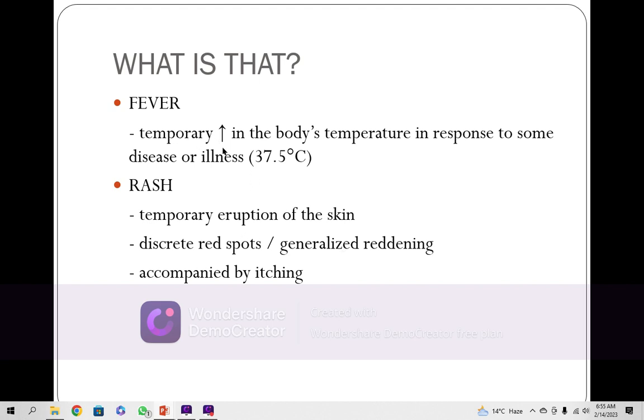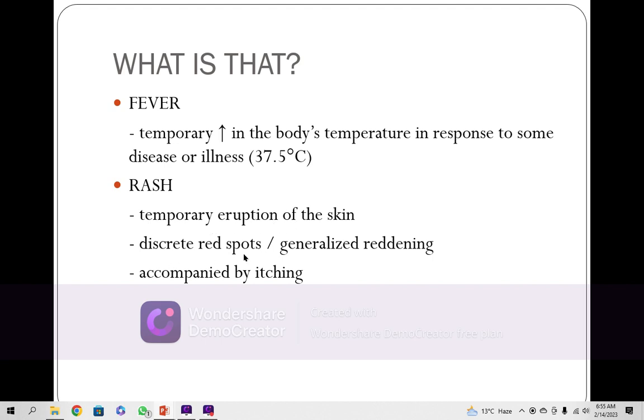Now fever is a temporary increment of the body temperature, the body's response to some disease or illness, you know that. It is associated with the rash, which is a temporary eruption of the skin. It will last for a few days, or rather a week, and it will definitely resolve afterwards.